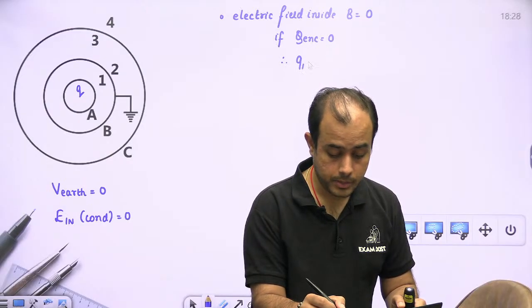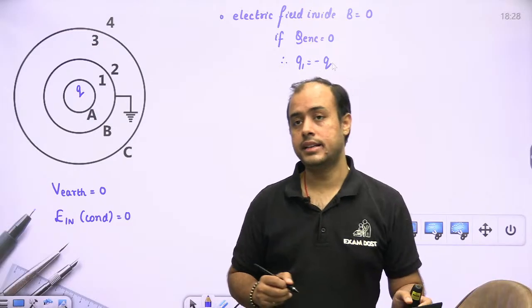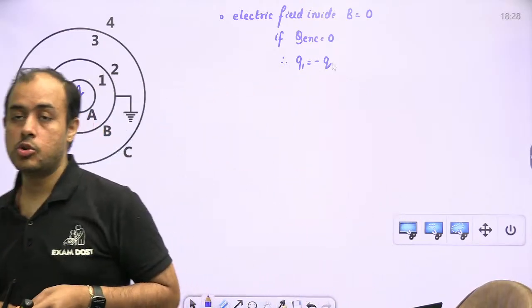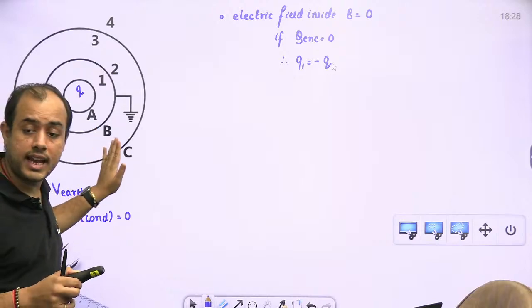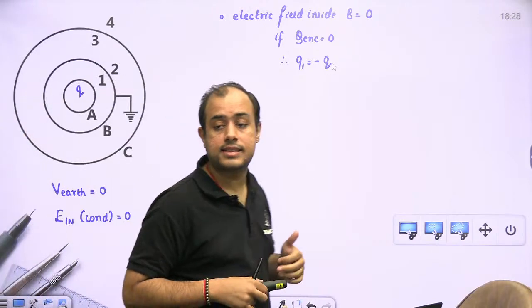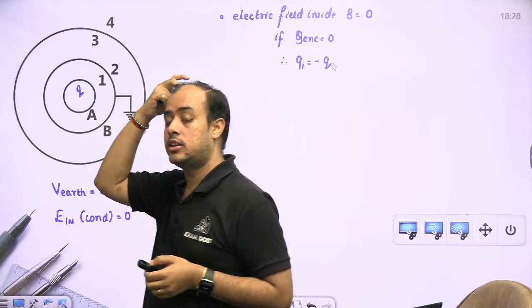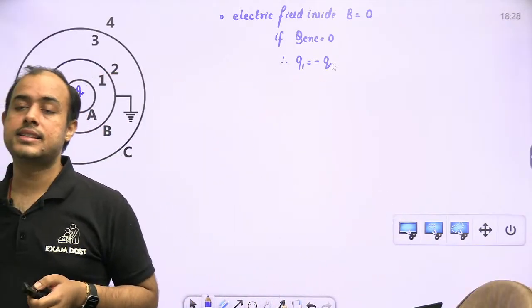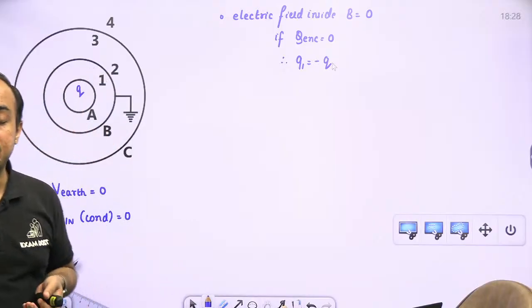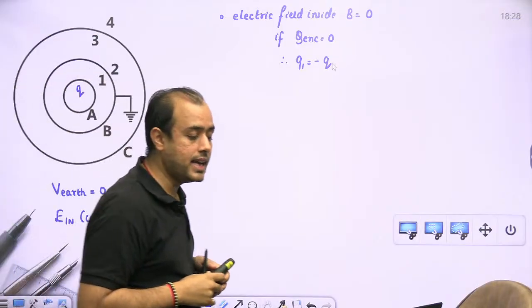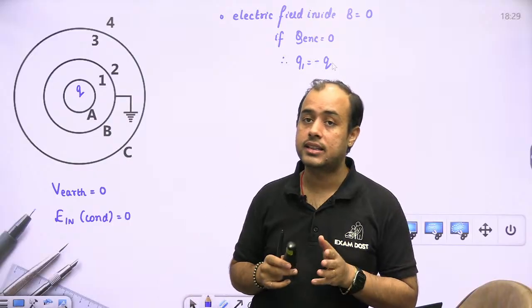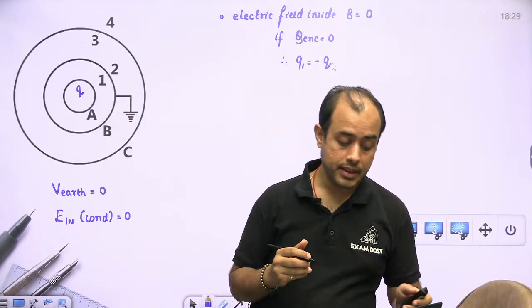Therefore, Q1 will be minus Q. Q1 minus Q हो गया. Now, it's not necessary beta that total charge of B will be 0 because B is connected to Earth and Earth is capable of supplying infinite amount of charge. B आपका अर्थ से जुड़ा है और अर्थ कितना भी चार्ज दे सकती है.